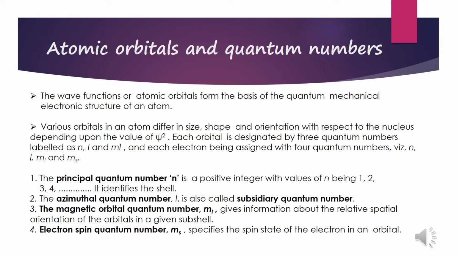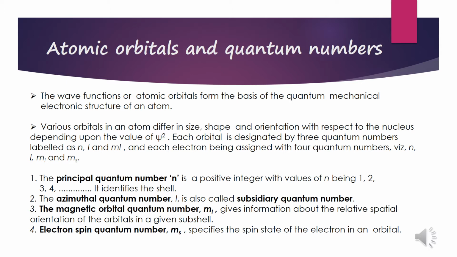I told you already, the principal quantum number gives us the information about the shell. The azimuthal quantum number gives us information about the subshell in which the electron is present, and the magnetic orbital quantum number gives information about the relative spatial orientation of the orbitals in any given shell.